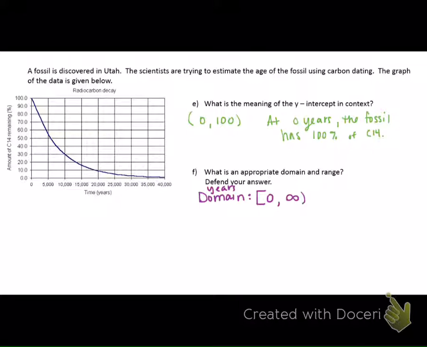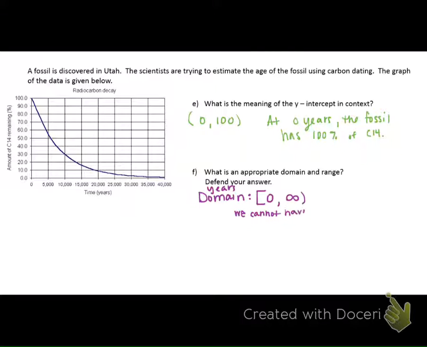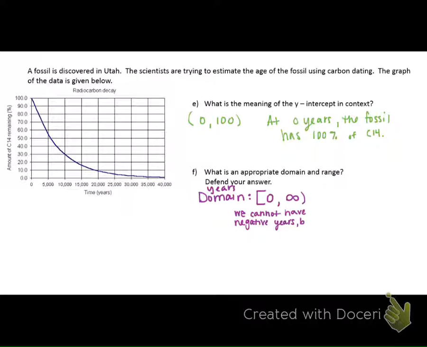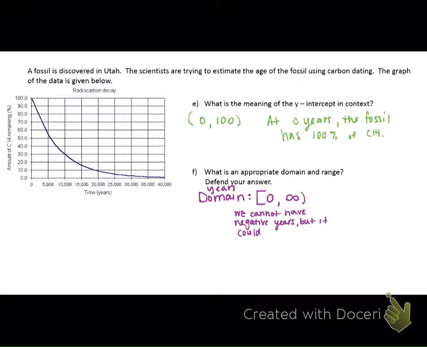This is because we cannot have negative years. But it could have C14 for infinitely many years.